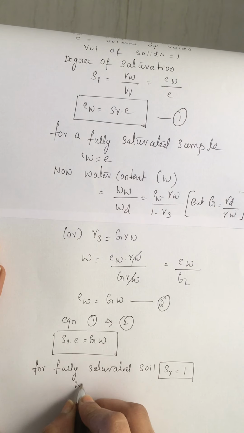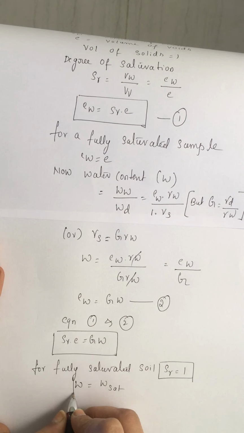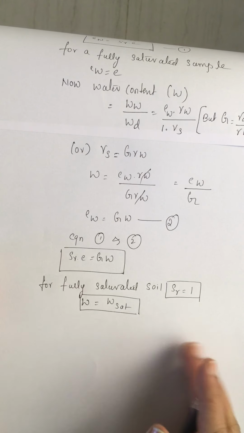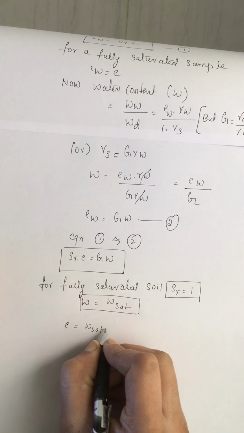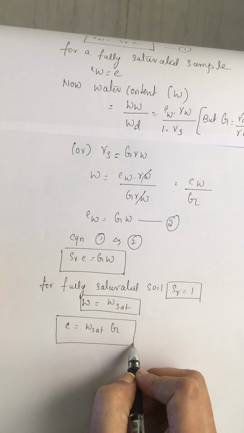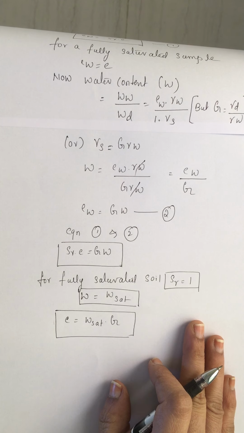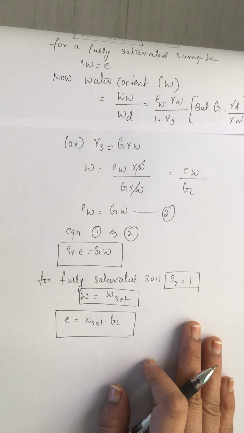So you can also write it as w is equal to w saturation, nothing but completely saturated, e is equal to w saturation into G. This is the relationship between void ratio, degree of saturation, water content and specific gravity.